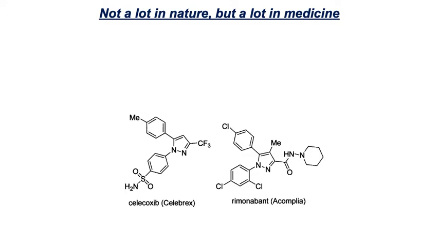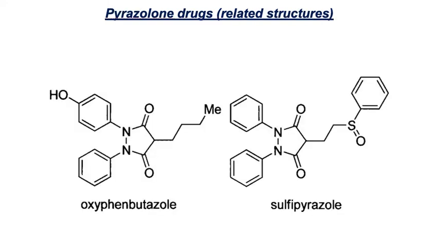has a pyrazole, and we have inverse agonists for cannabinoid receptors, and other examples that we're going to talk about here. So we have some anti-inflammatory agents, and this is a multi-drug resistance inhibitor.